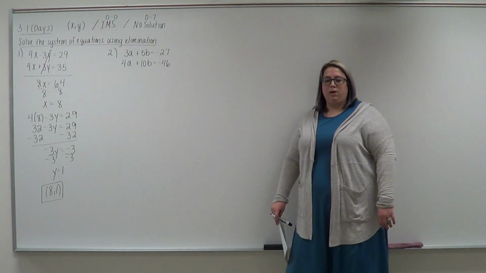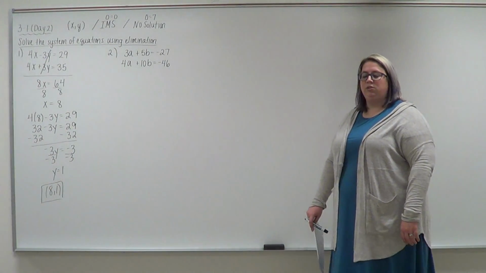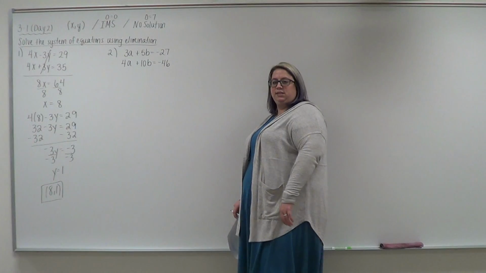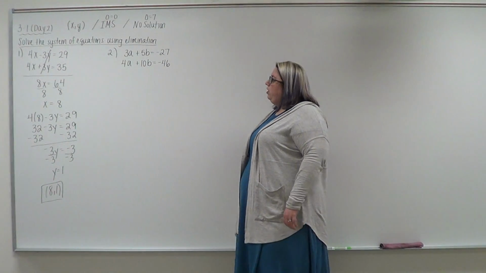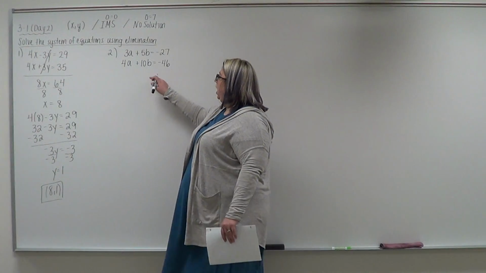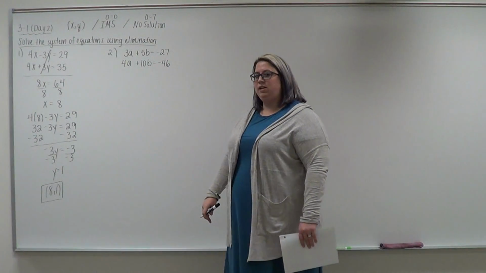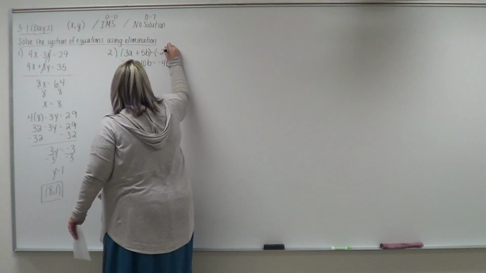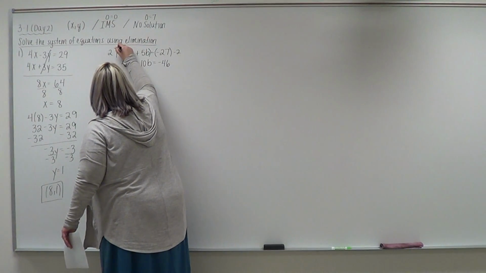Nothing will cancel right away. So if nothing cancels, you have to think, what can I multiply by to get them to be the same number? Well, if I look at my b's, I have a 10 down here. I can make that 5 into a negative 10 if I multiply this whole equation by negative 2.